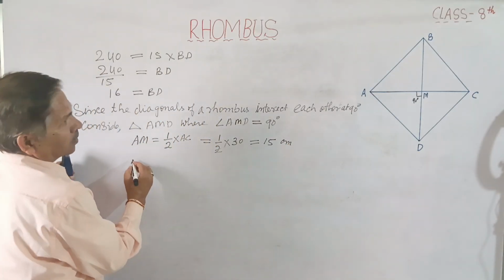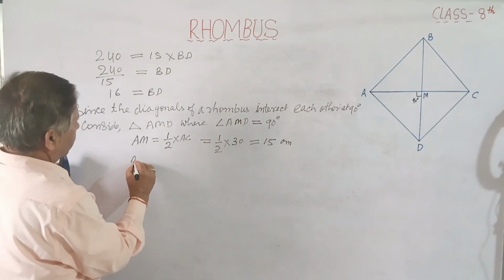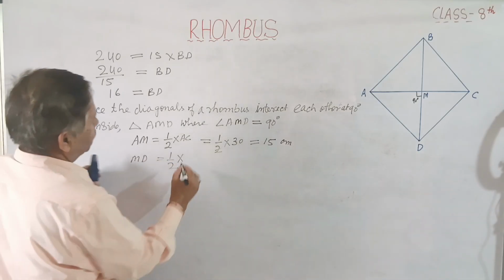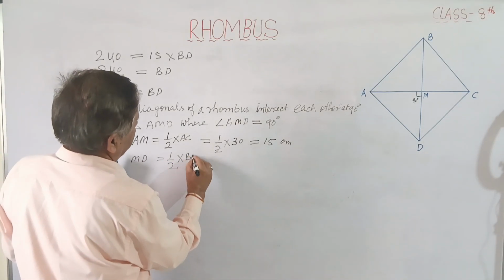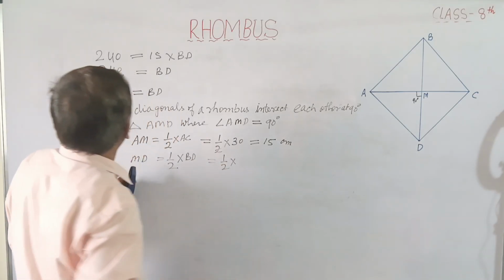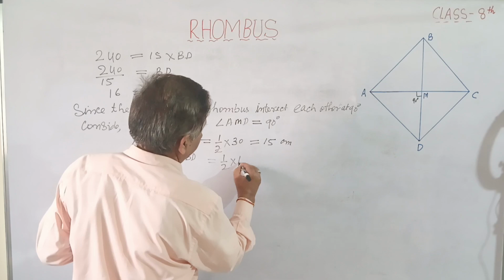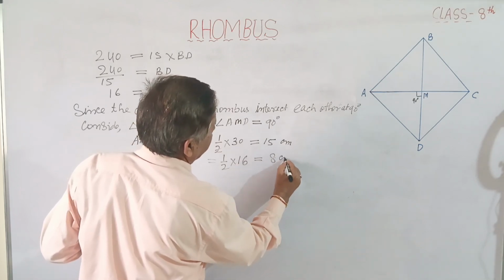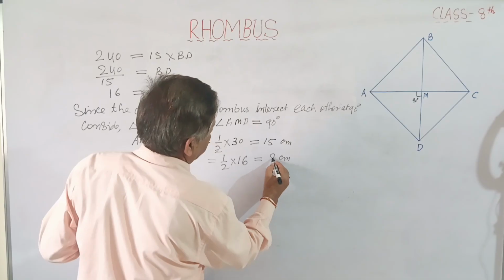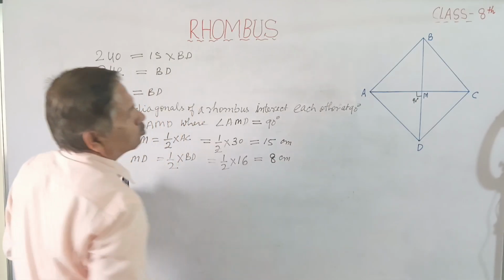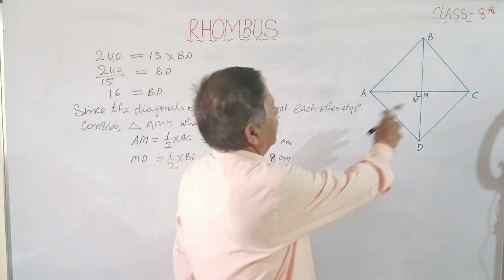And DM will be half of BD, that is 1 by 2 into 16. So this is 8 centimeter. So here we have calculated AM and DM.